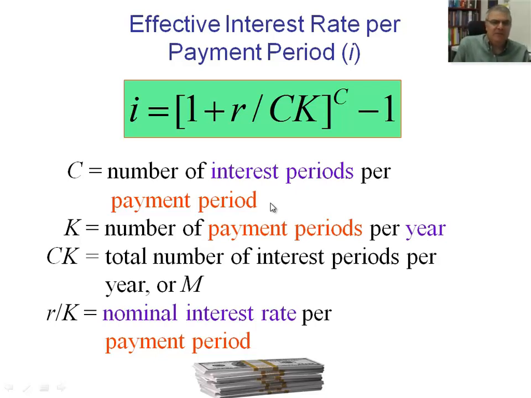CK, capital C multiplied by capital K, is the total number of interest periods per year, or M. We've already seen this, so R over CK is nothing but M, and R over K is the nominal interest rate per payment period.